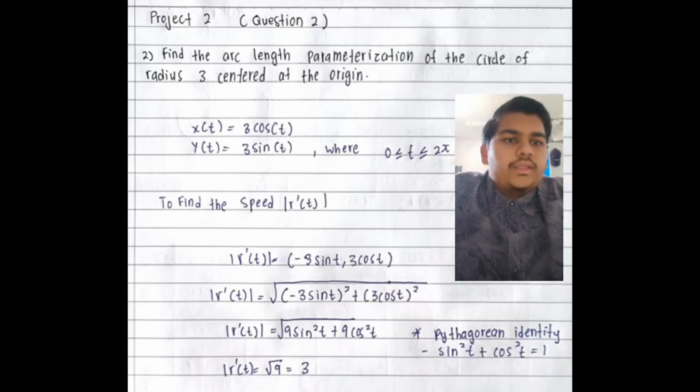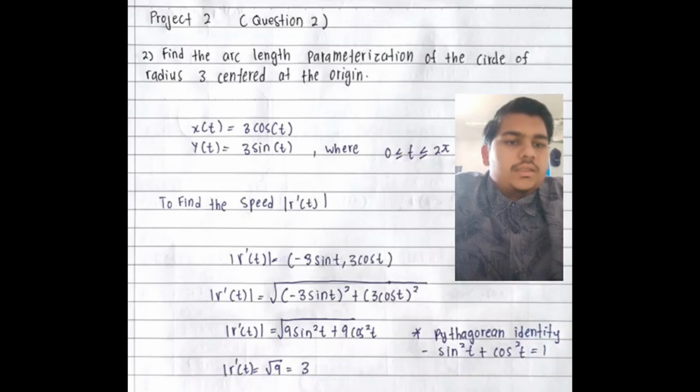Step 2, we need to find the speed |r'(t)|. r'(t) = (-3 sin t, 3 cos t), so |r'(t)| equals the square root of (3 sin t)² + (3 cos t)².